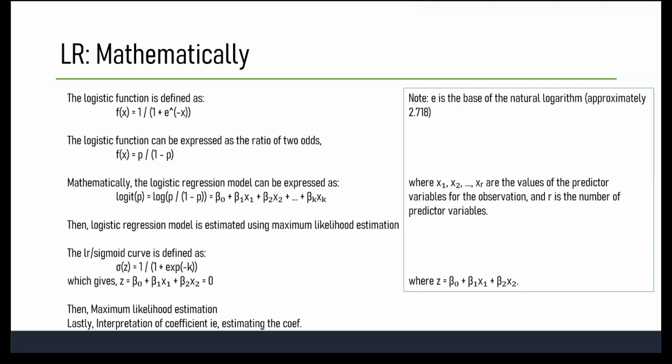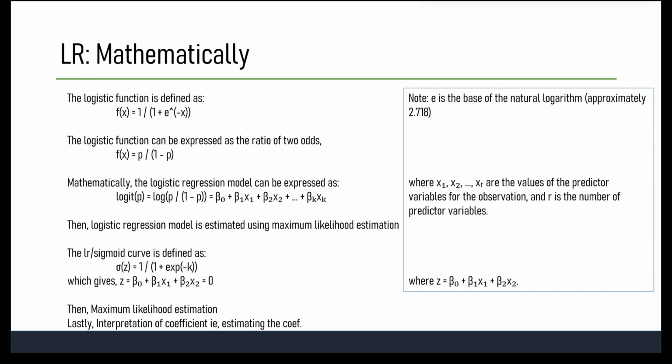It is calculated by taking the logarithm of the likelihood function, which is the probability of the observed outcome given the logistic regression model. This log likelihood is used to estimate the coefficients of the logistic regression model. The goal is to find the set of coefficients that maximizes the log likelihood, and this is usually done using an optimization algorithm like maximum likelihood estimation, okay, or you can say gradient descent.